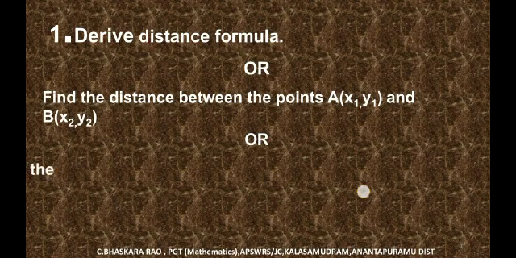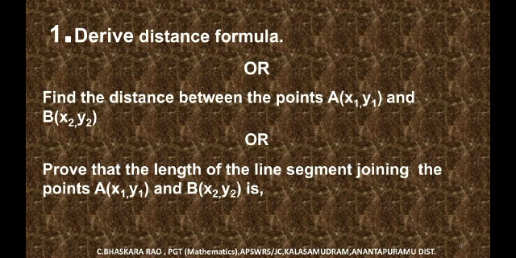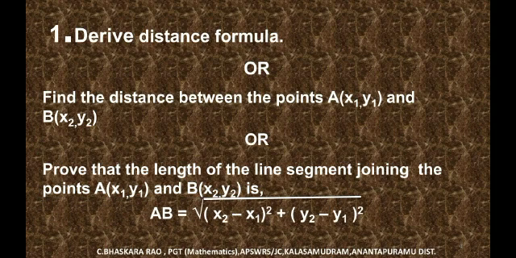Or they may ask: prove that the length of the line segment joining the points A(x1, y1) and B(x2, y2) is AB is equal to square root of (x2 minus x1) whole square plus (y2 minus y1) whole square. In 3 ways, or maybe in another way, but the answer is one and the same.